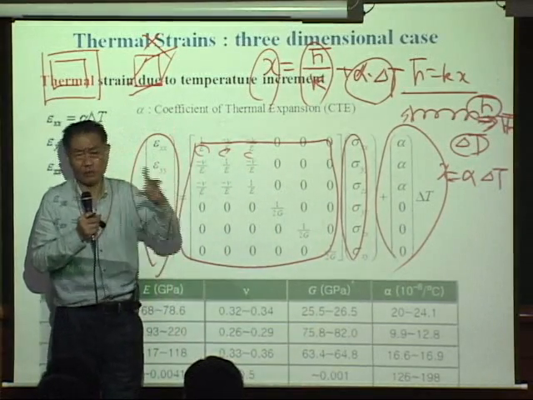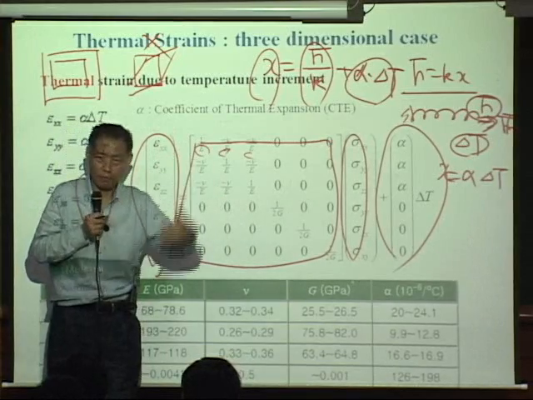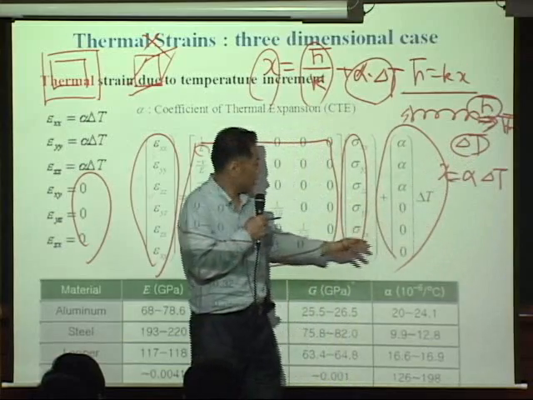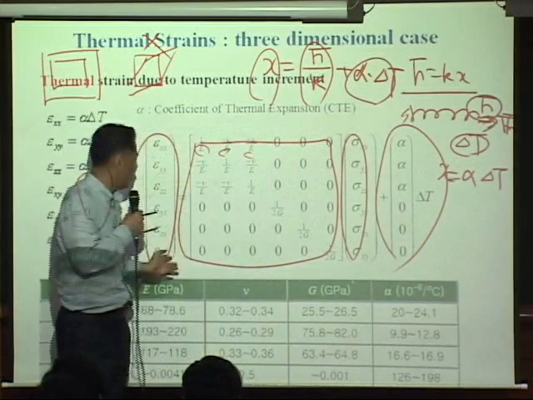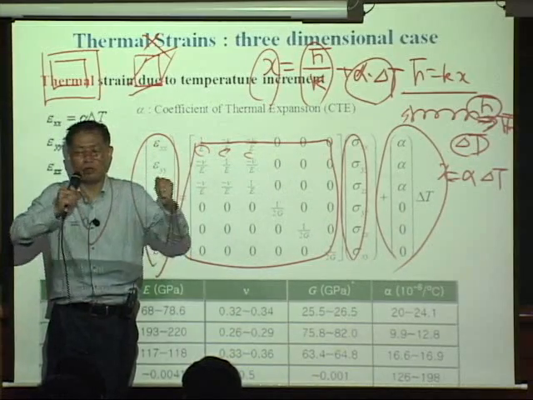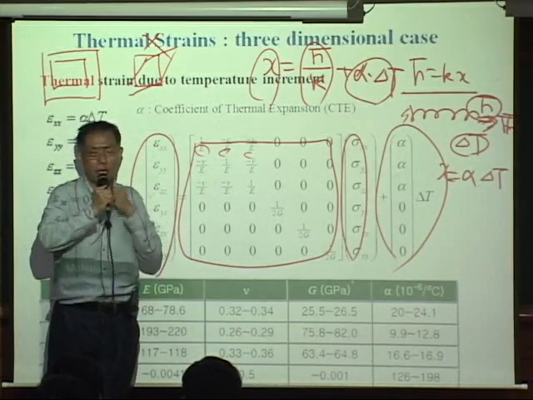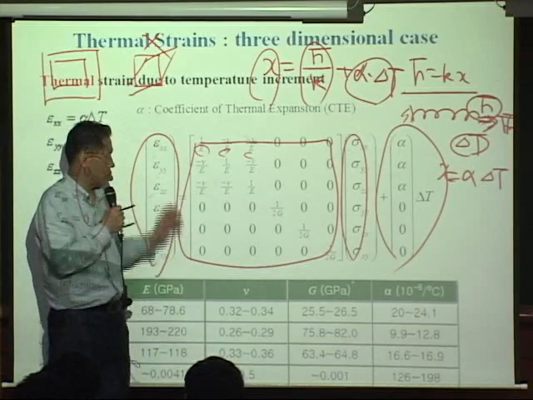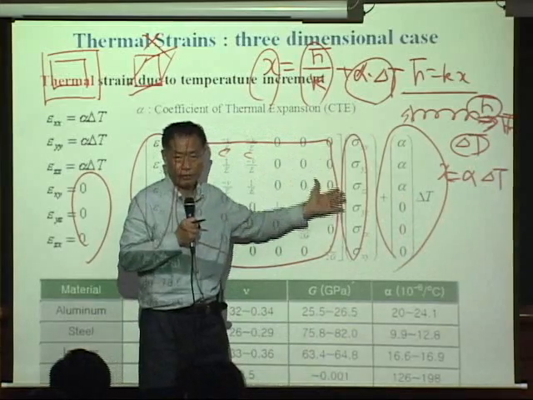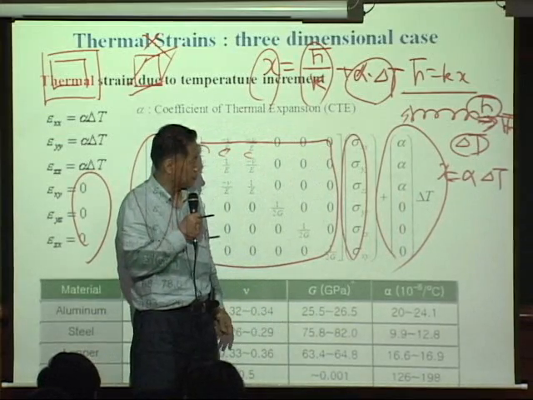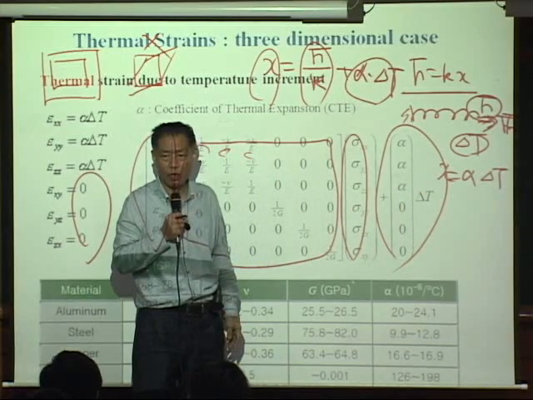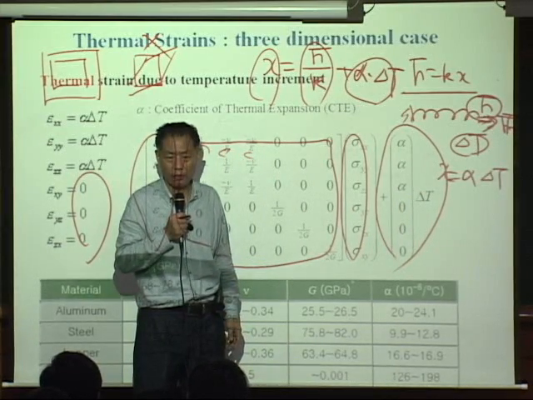We have a plane, and 3 on this plane, 3 on this plane. And instead of a simple deformation, we need to have 6 components of strain. Why? We have length changes in each direction, angle change, and so on. So this is the final equation, and it's not that difficult to understand and memorize.